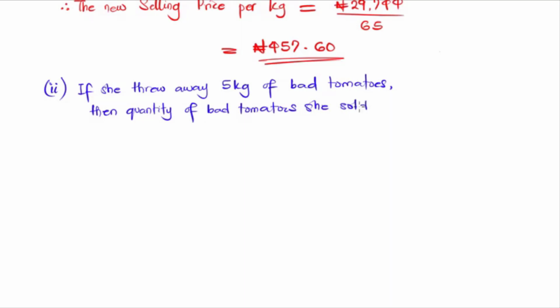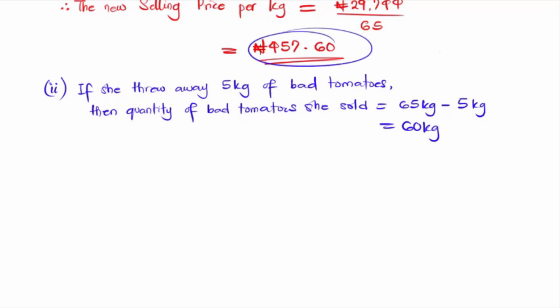Okay, because initially it was 130 kilograms, 65 were good, 65 were bad. So now the quantity of bad tomatoes she sold after throwing away 5 kilograms will be 65 kilograms minus 5 kilograms. That's 60 kilograms of tomatoes that are sold at 457.60 kobo per kilogram. We need to know that these 60 kilograms that are bad, each kilogram is sold at 457 naira 60 kobo.